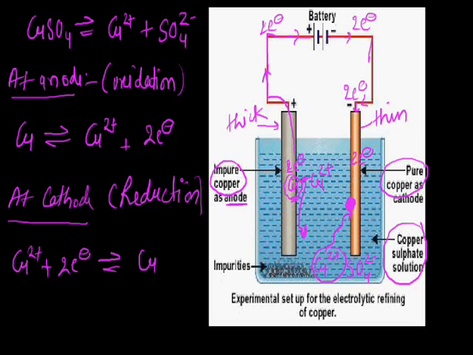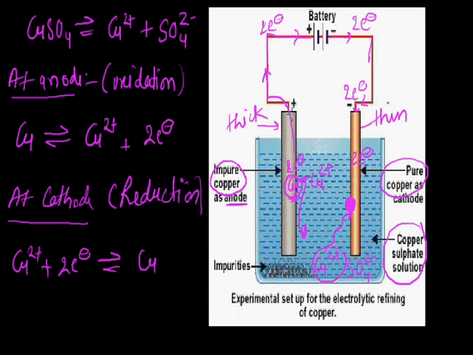So some vacancy is created here and some copper is deposited. This process continues, and this rod becomes thinner and this rod becomes thicker, due to deposition of copper, and this rod becomes thinner due to removal of copper atoms.